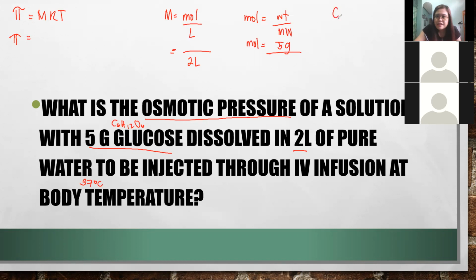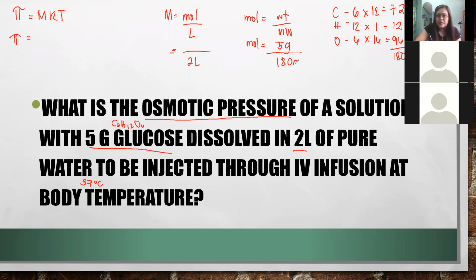We have here C6H12O6. Ayan, this is 12, 1, and 16. So let's see what is the molecular weight of our glucose. 6 times 12 is 72. This is 12. 16 times 6 is 96. So 72 plus 12 plus 96 is 180 grams per mole.